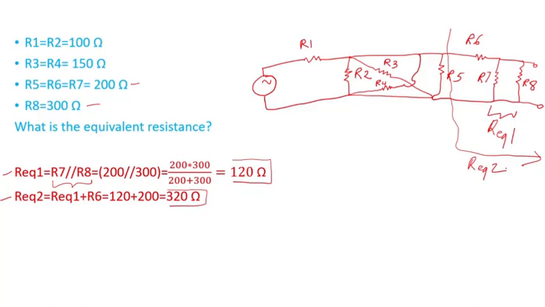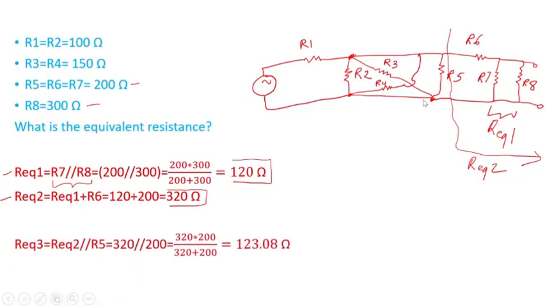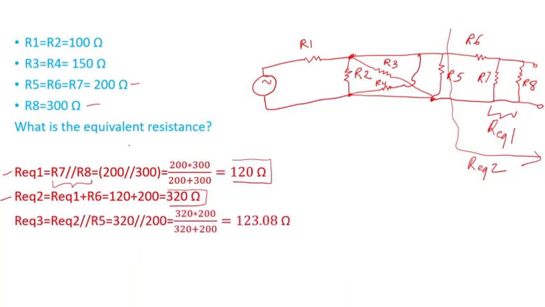Once I get that, I notice that R equivalent 2 is in parallel with R5, and it's also in parallel with R4 and R3, because if you notice, they all share the same nodes, or they have two points of connection. So I'm going to call it R equivalent 3.